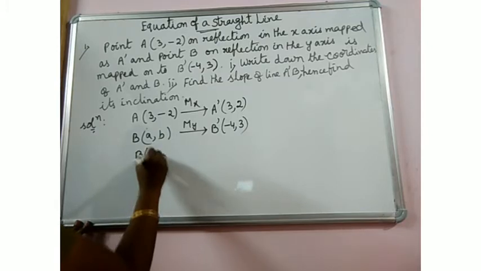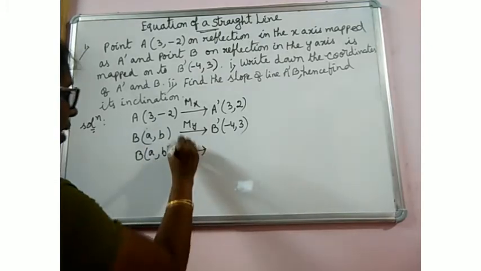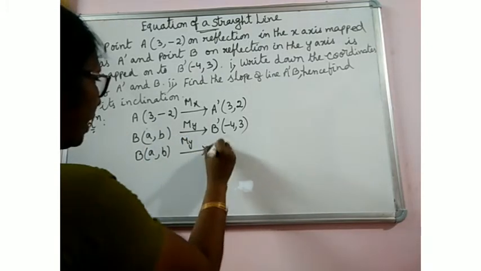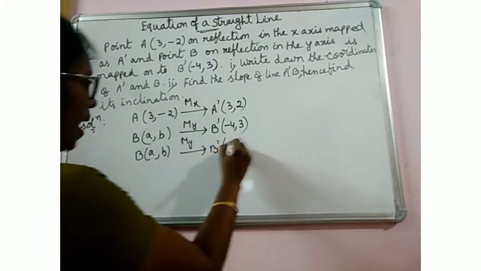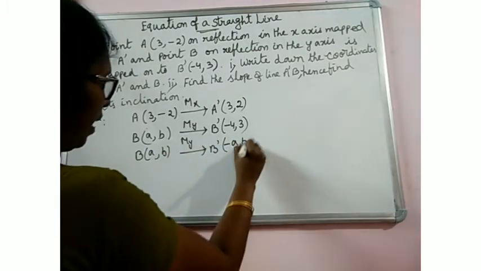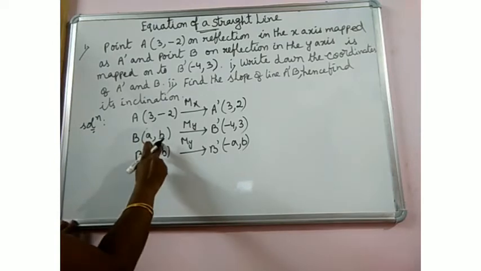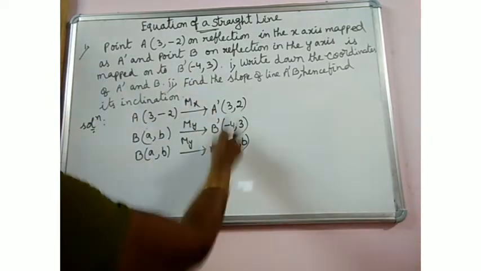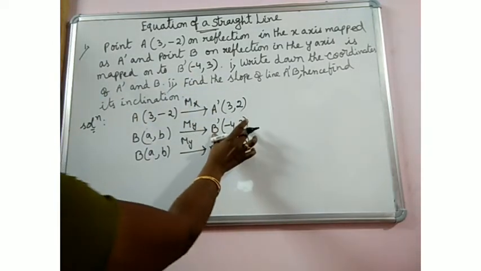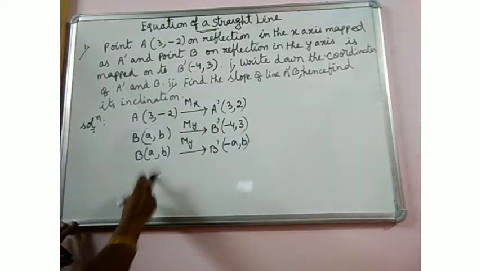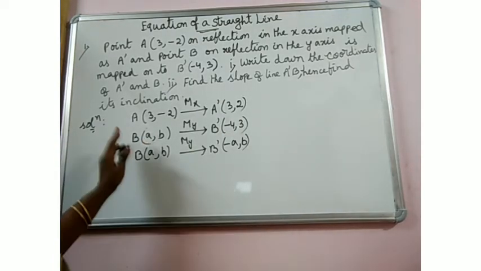Actually, when a point reflects through the y-axis, its x coordinate changes its sign: (-a, b). Yes or no? Already we know the coordinates of its image, we have to find the coordinates of the point.